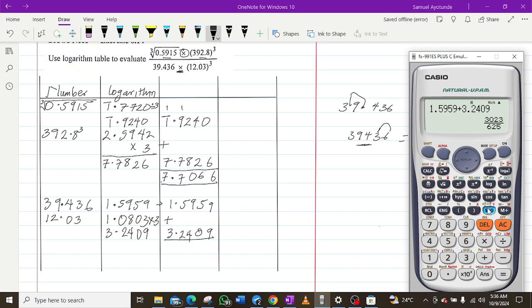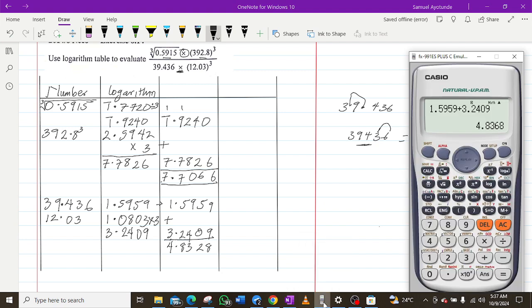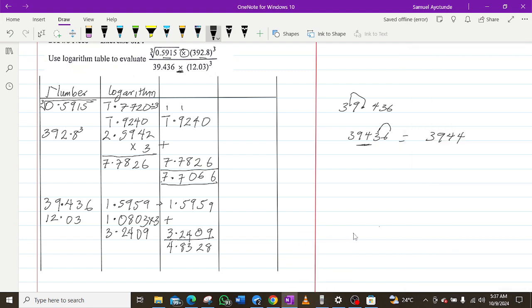From here, we have 4.8368, not 4.8328. So that is the answer for that.